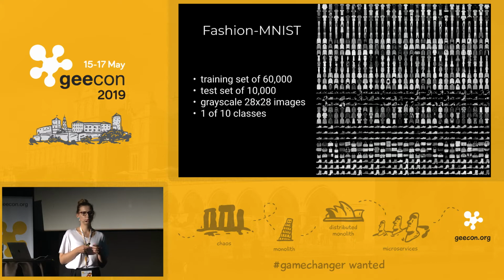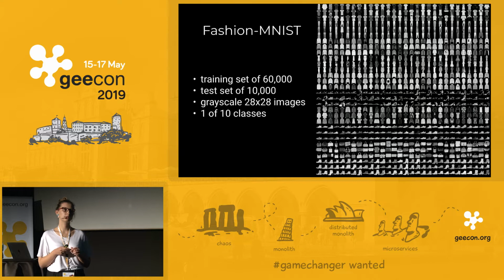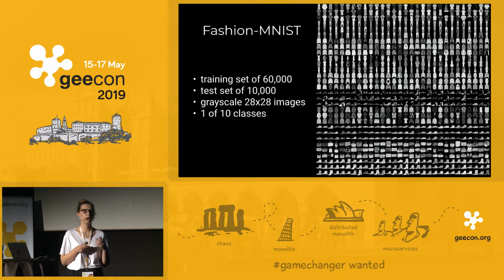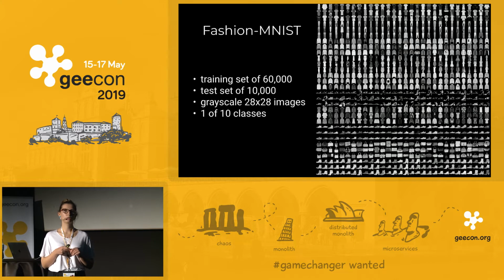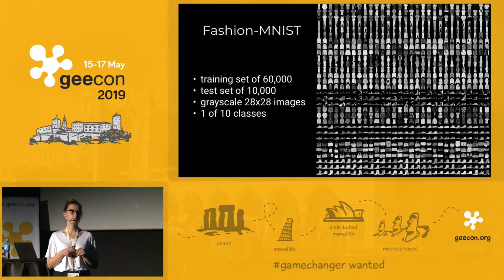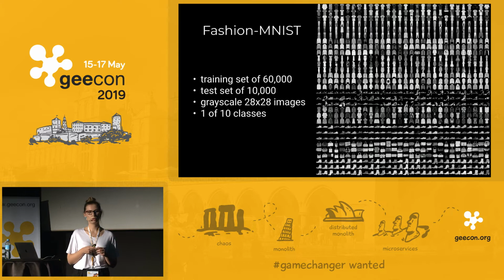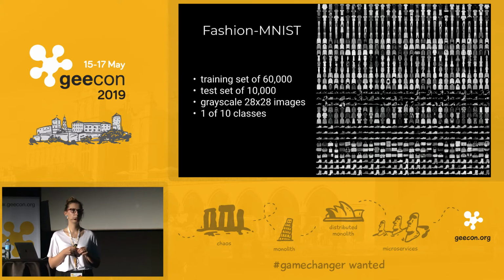So Zalando a couple of years ago created this dataset with fashion items. They also have 10 categories, but those are real pictures from their store. They have 60,000 images, 10,000 of them a test set. Each image is a 28 by 28 pixel grayscale image, and it belongs to one of 10 categories.